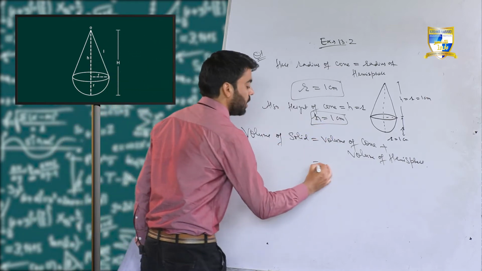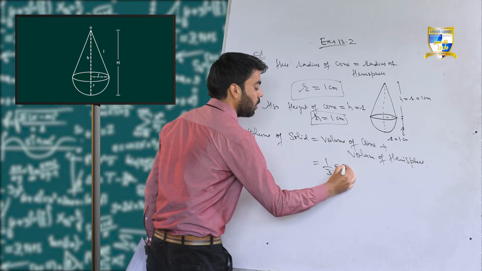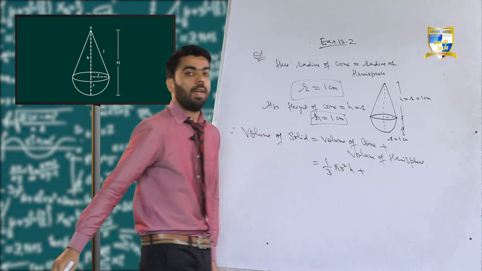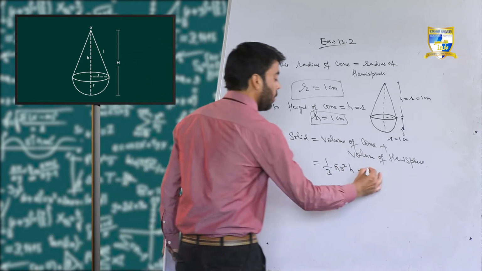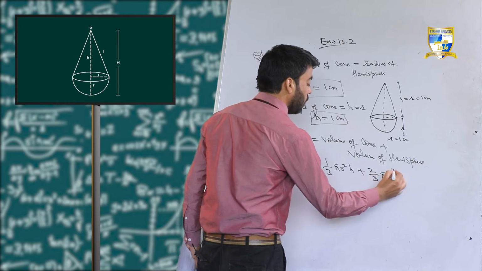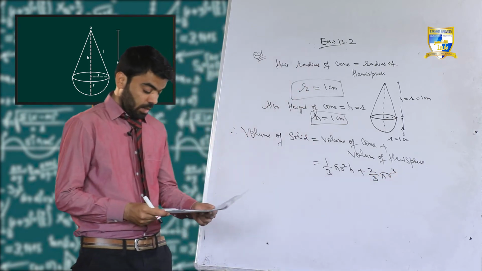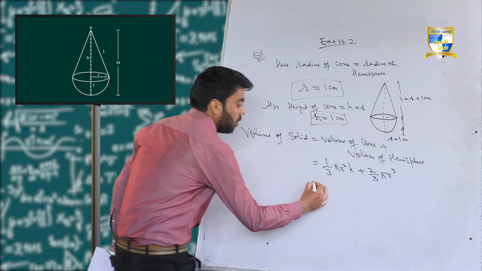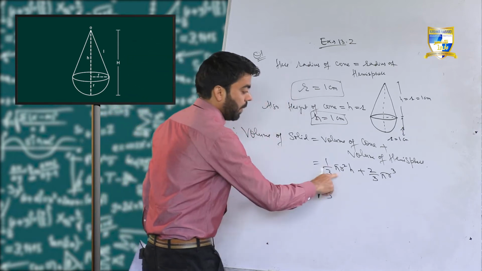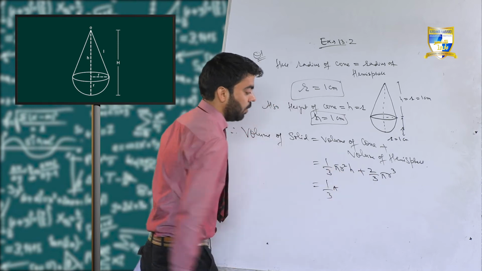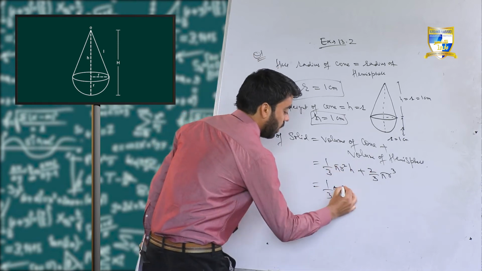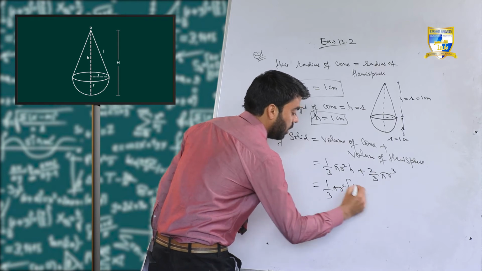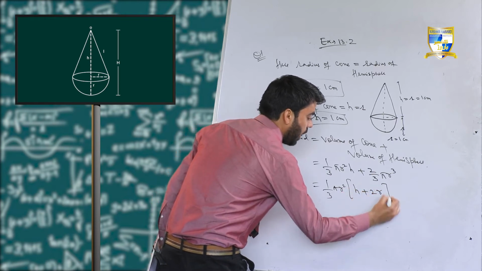Volume of cone is 1 by 3 pi r square h plus volume of hemisphere is 2 by 3 pi r cube, right? So 1 by 3 pi r square, and then h plus 2 times r.